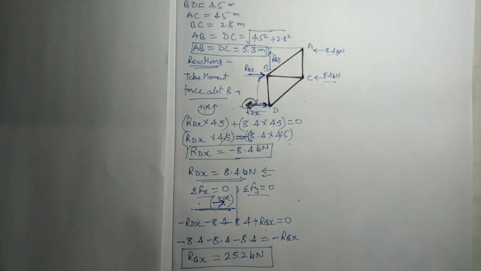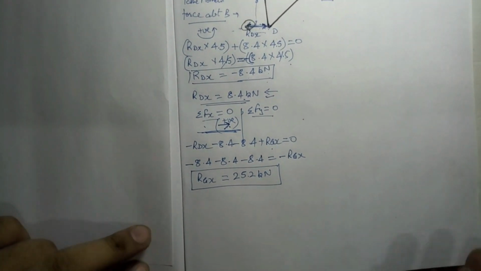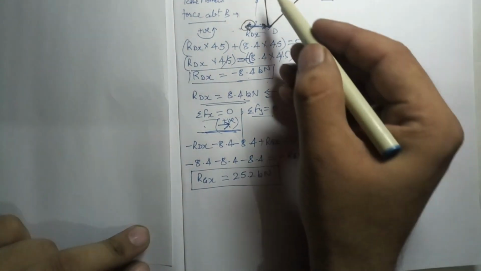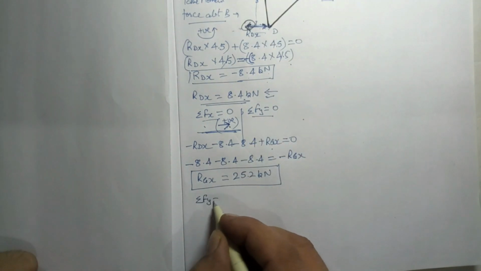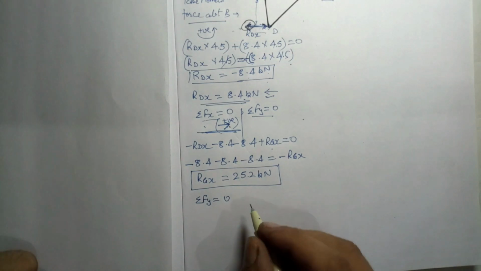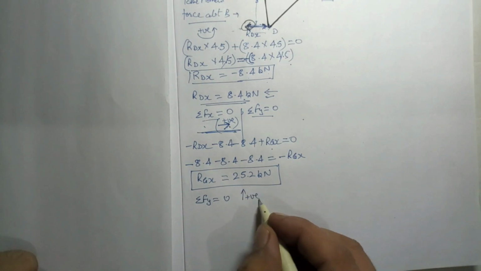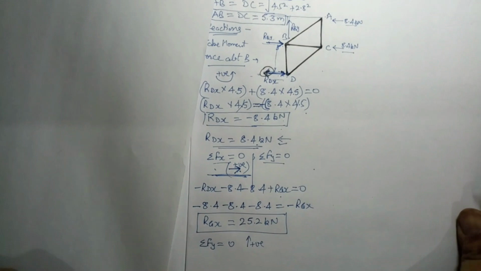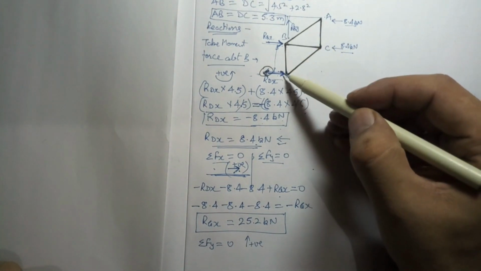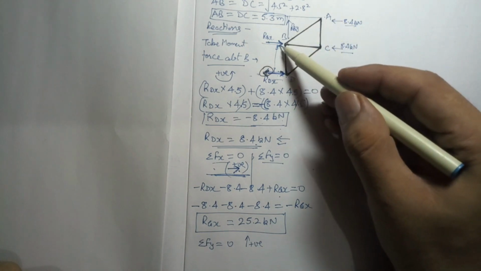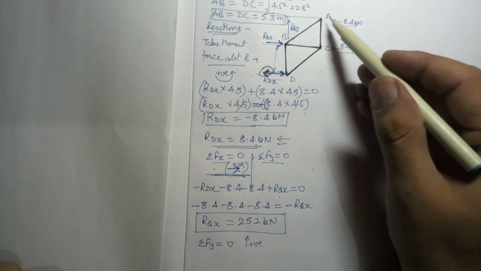Now similarly we will find out the other reaction. What is that? We have to find out RBY. For that we will take the sum of y direction forces equal to 0. Let's say I'm taking upward positive. See what forces you can see in the diagram. First RBY upward positive, no other force, only horizontal, horizontal, horizontal, horizontal, so no other vertical force.